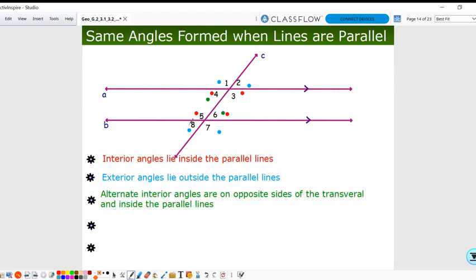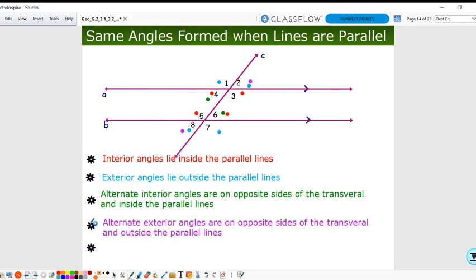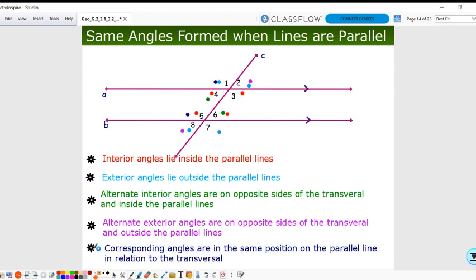Green is for those alternate interior angles, 4 and 6, but also 3 and 5. Purple is showing alternate exterior angles, 2 and 8, but also 1 and 7. Corresponding angles, 1 with 5, we could say 2 and 6, 4 with 8, or 3 with 7.